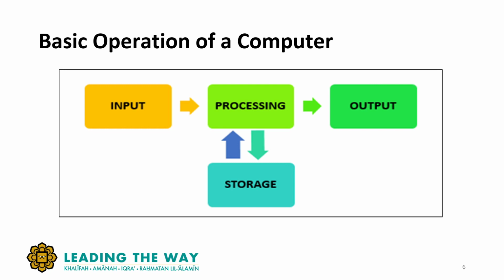Computers do all the things they do because they are able to perform four basic operations: input, output, process, and storing.